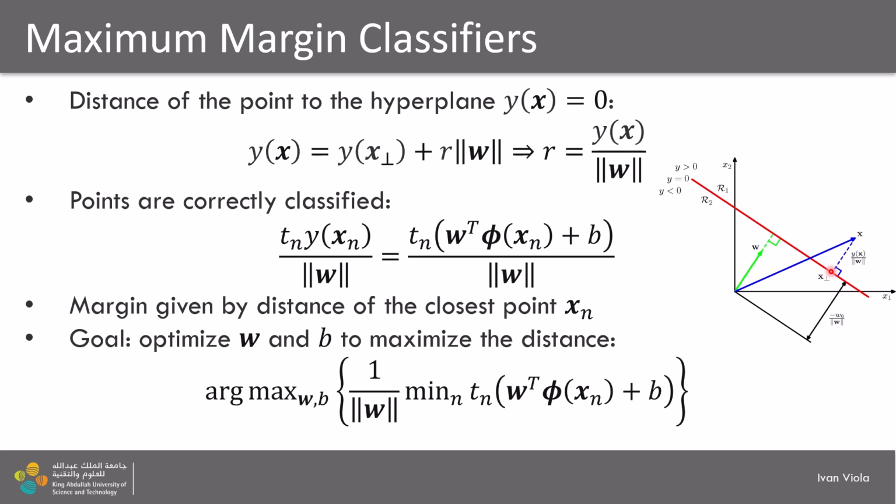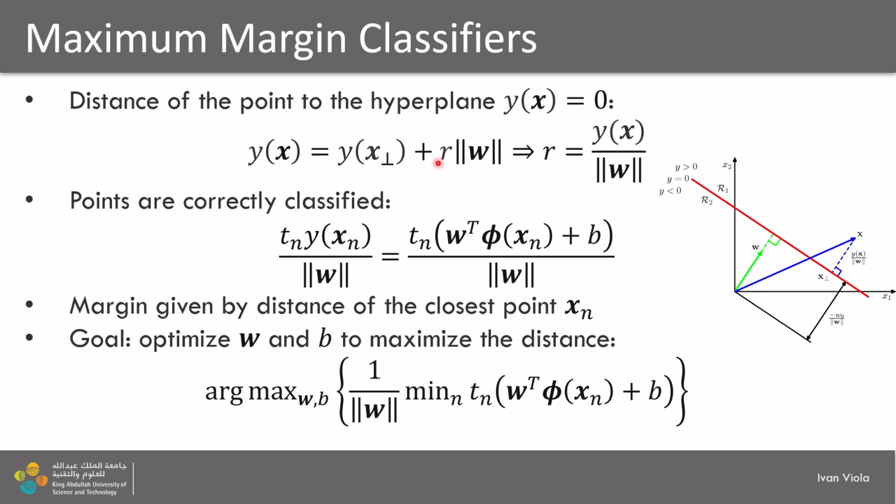Then the distance is defined by this function y of x, and we have this distance defined by r times w.